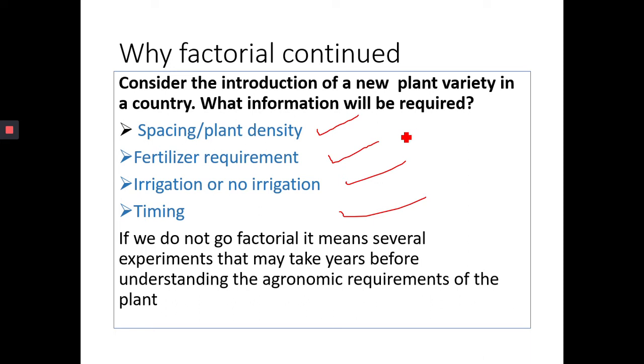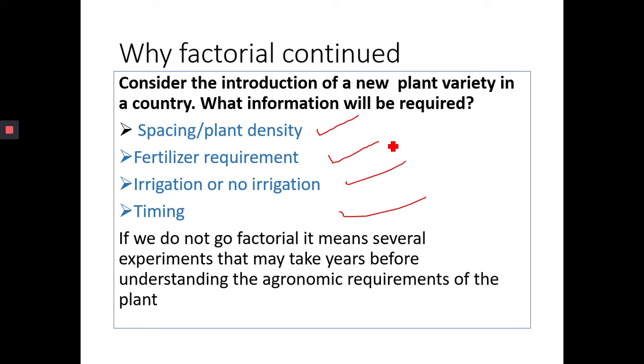So I want you to see how handy factorial experiments now become. Because instead of investigating each of these separately, we can actually put them in a single experiment. Of course, we should not add too many factors, because the more the factors, there will also be a compromise in terms of quality and efficiency.